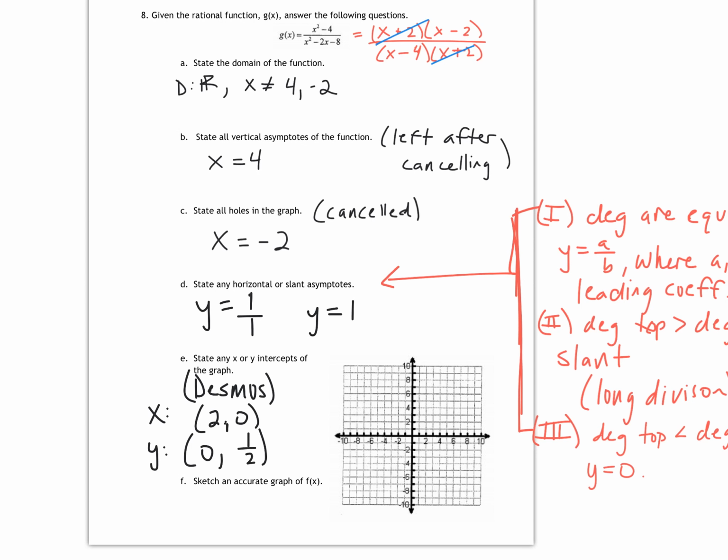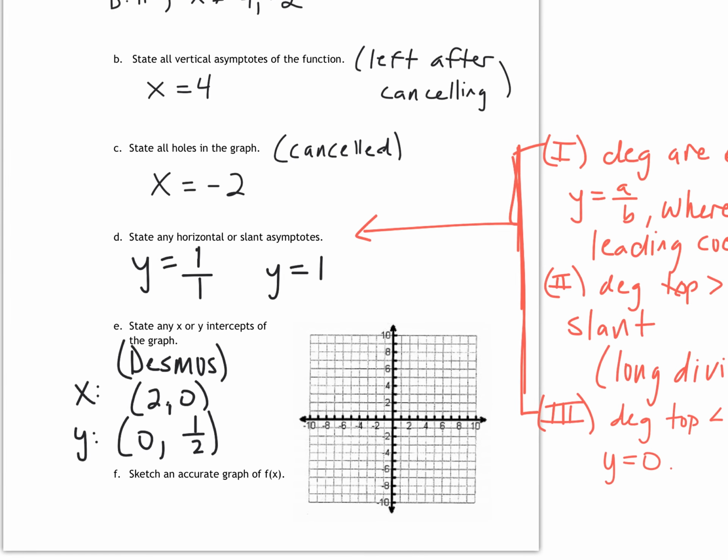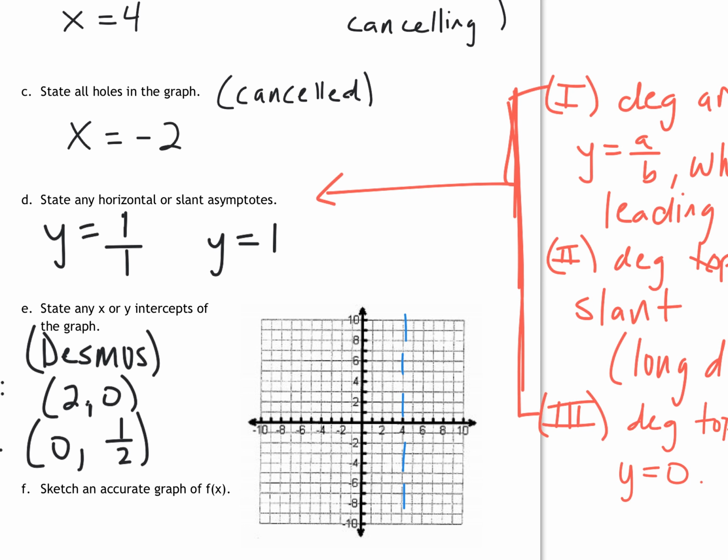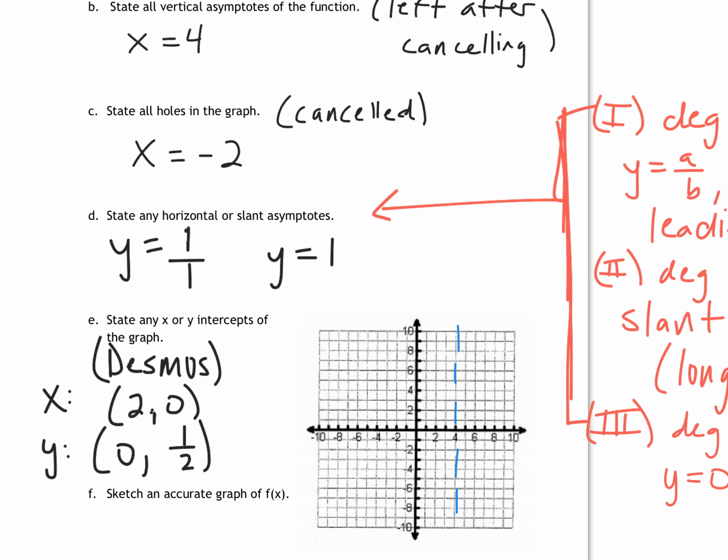So for an accurate sketch, I'm going to use all the features that I came up with. I have a vertical asymptote at 4, so let me just do a little dotted line for that. I have a horizontal asymptote at y equals 1.